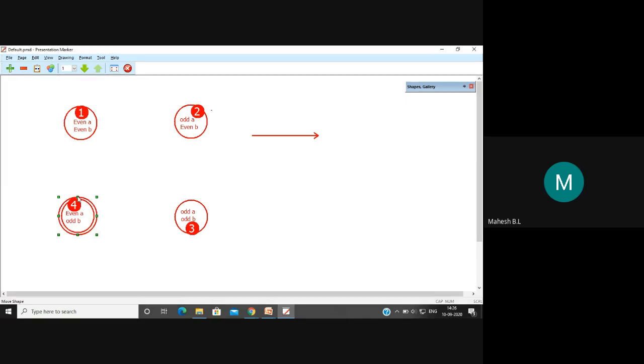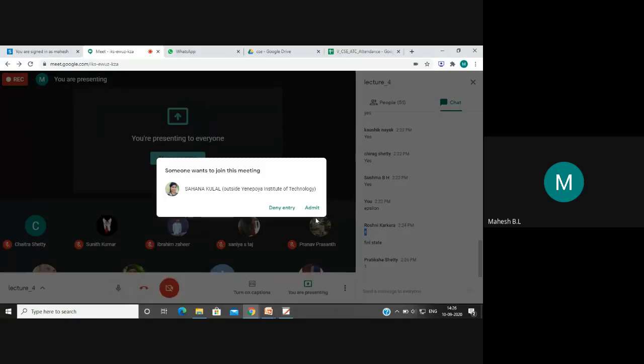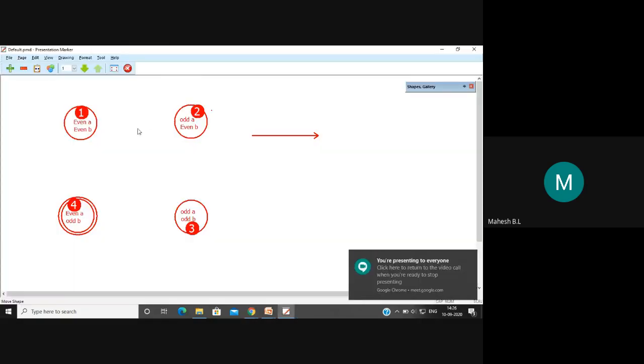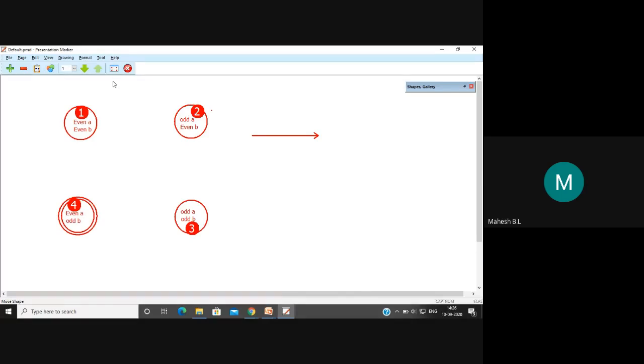Now can you tell me which is the initial state? State 1 is the initial state, because in state 1 you have an even number of A's and an even number of B's. Without reading anything, the number of B's is 0 as well as the number of A's.